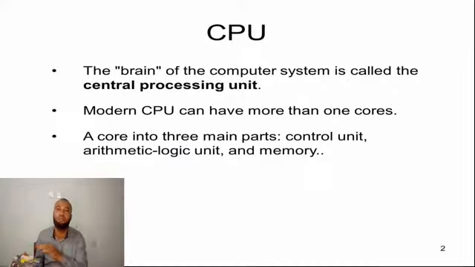Okay, so modern CPUs come in cores. Modern CPUs will have more than one core, meaning more cores inside the processor. For example, you have systems appearing as Core i5, Core i7.